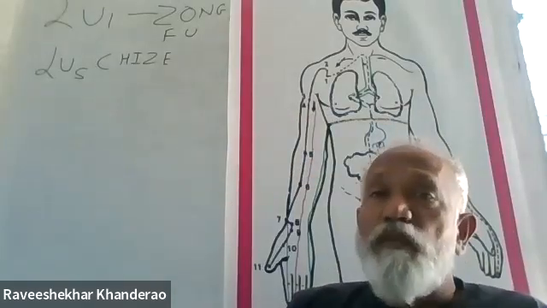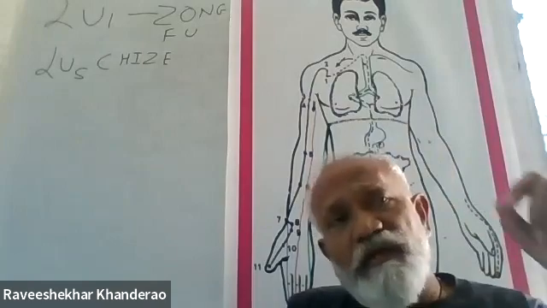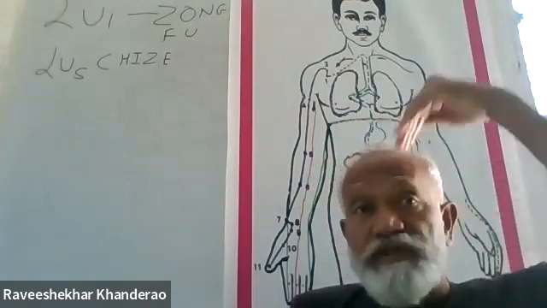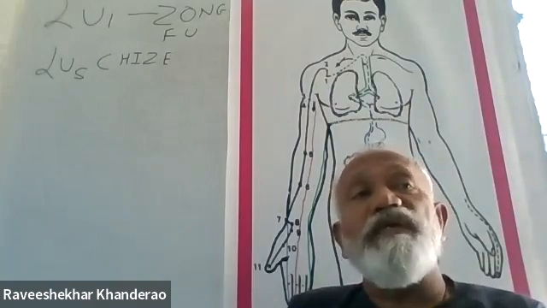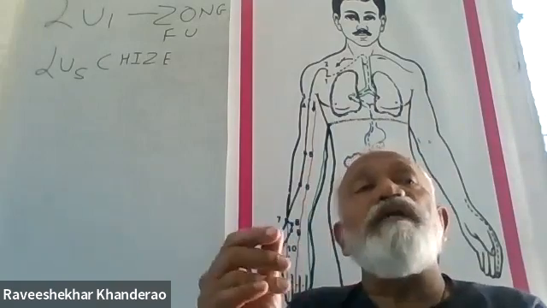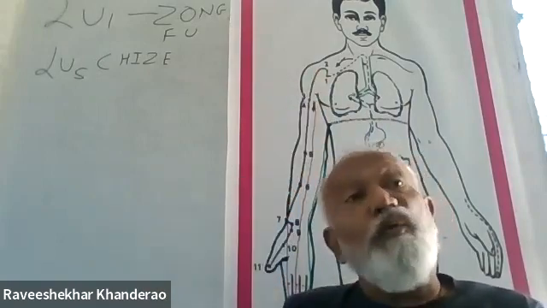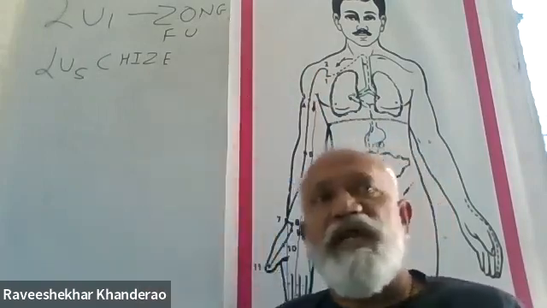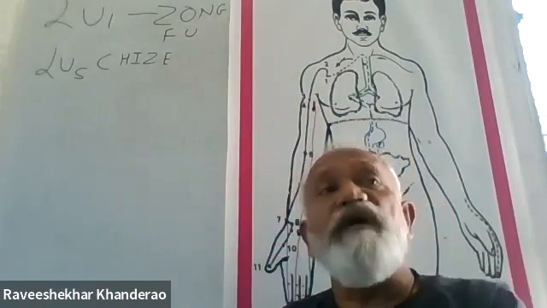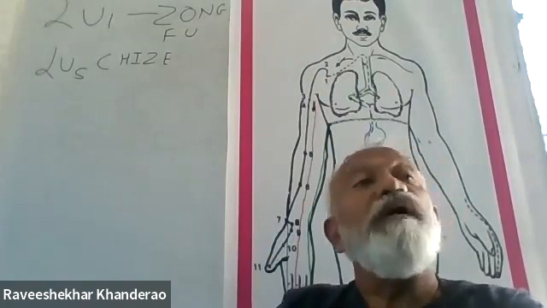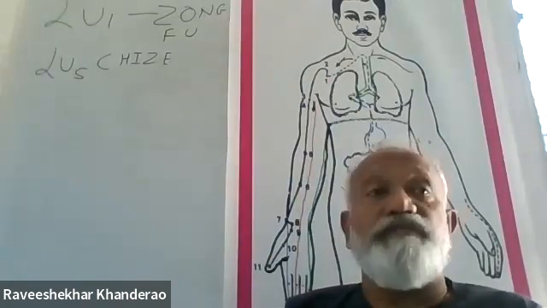So this point promotes the descending chi of the lung meridian. Otherwise what happens? एक बलून लिया हमने हेलोजन का या हीलियम का जो भी होता है, वो क्या करता है, ऊपर जाता है। ऊपर तो जाना आसान है उसके लिए, उसके नीचे जाना डिफिकल्ट है ना। So this point will help the lung chi to descend down to the lower extremities as well. Okay.